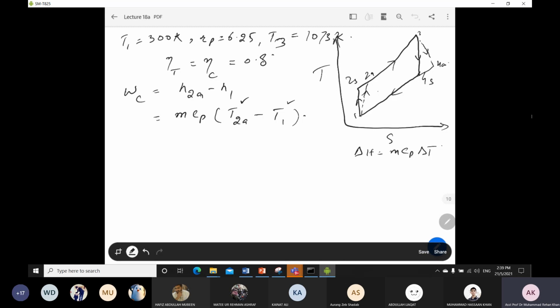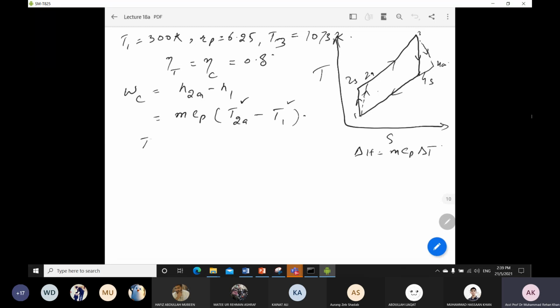We can simply apply the relation for the isentropic process to first find T2s: T2s over T1 is equal to (P2 by P1) raised to (k minus 1) over k.